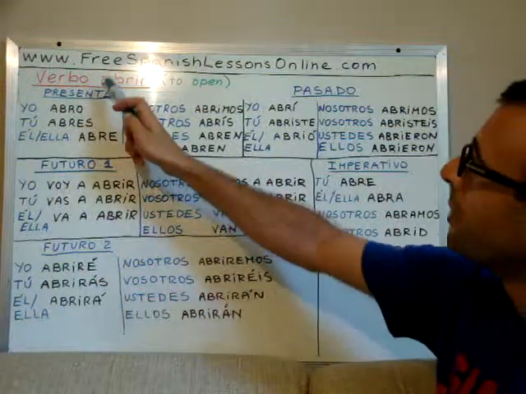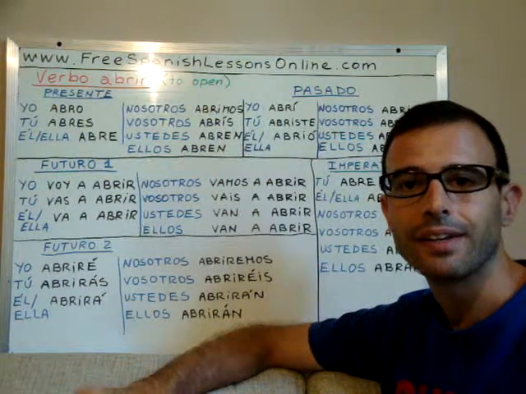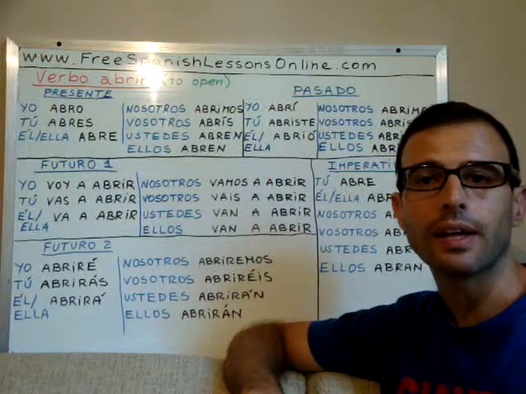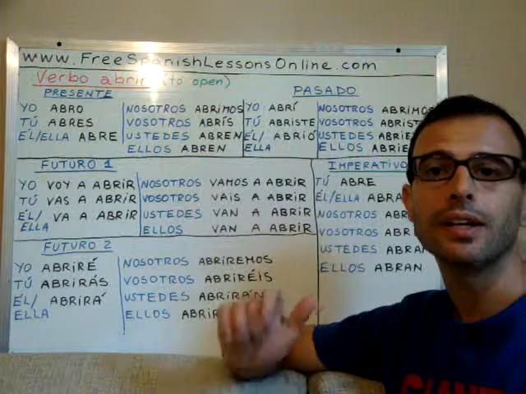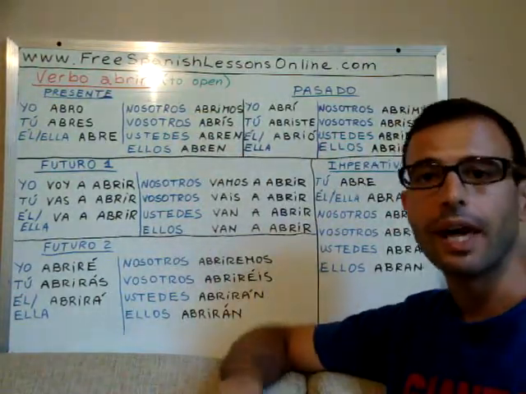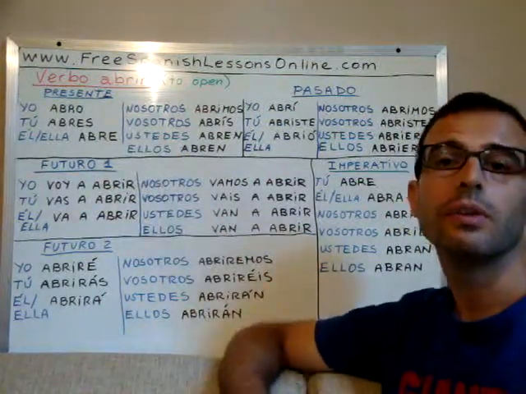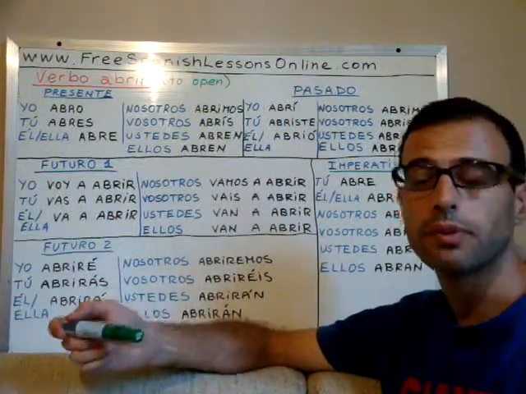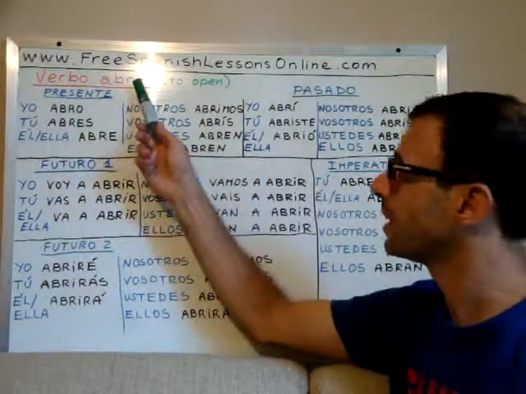So the verb abrir belongs to the group of verbs that end in ir. If you remember, we said that in Spanish we have three groups of verbs: those that end in ar, those that end in er, and those that end in ir, right? So the group of verbs that has more irregular verbs is the ir group, okay?